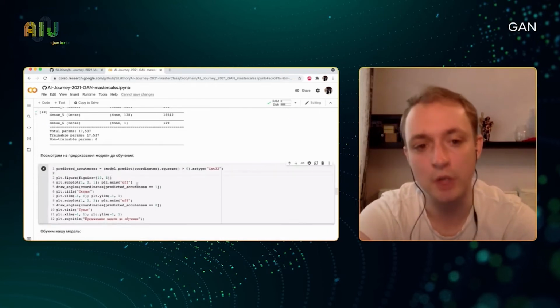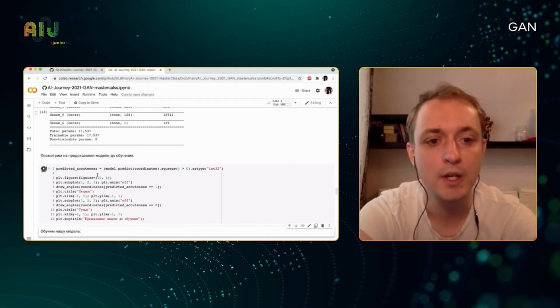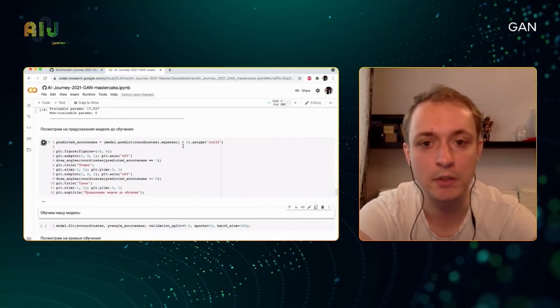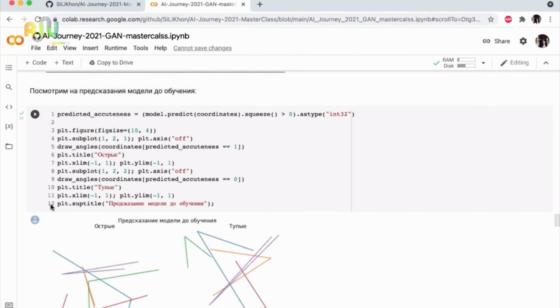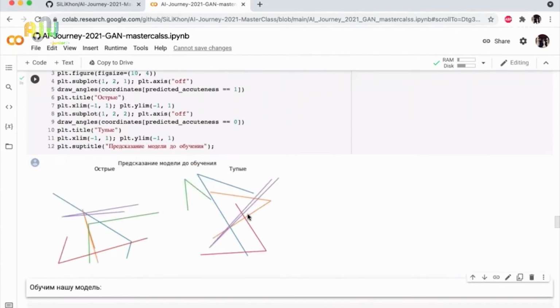Now, let's have a look at predictions of the model. And according to those predictions, how it classified angles by sharp and blunt, I don't see, well, the classification was not perfect because in our data set it's more probable to have sharp angles.